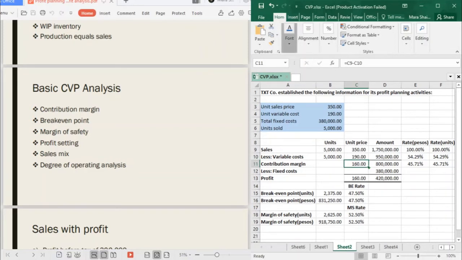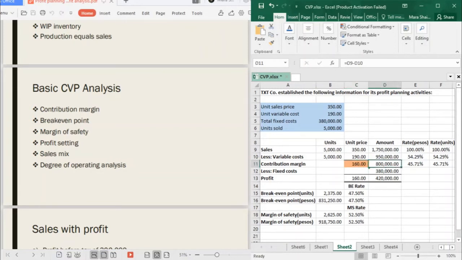So again, 160 is your unit contribution margin. How to get the unit contribution margin? It's simply your unit sales price less your unit variable cost. So that is your unit contribution margin.